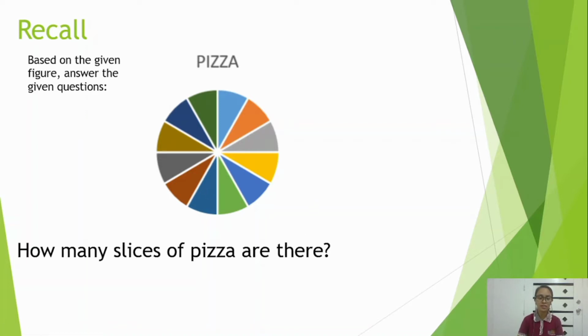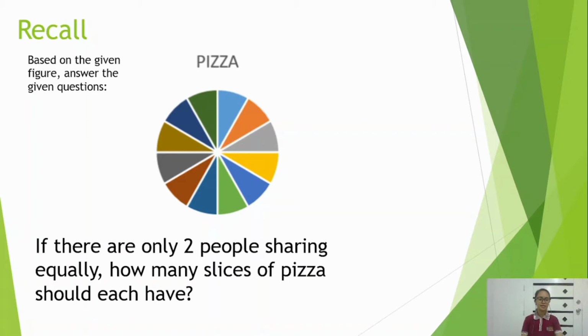Our answer is, there are 12 slices of pizza. Next, if there are only 2 people sharing equally, how many slices of pizza should each have?